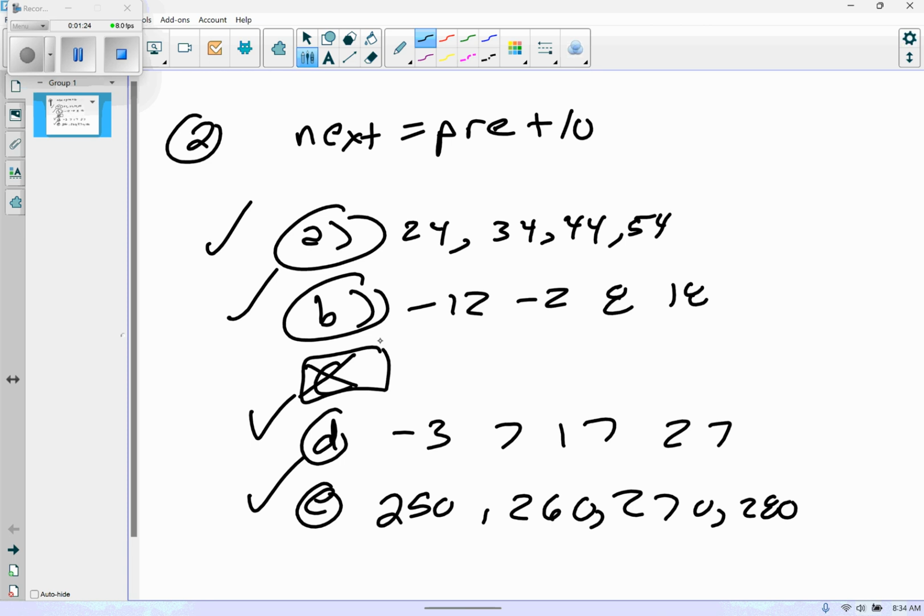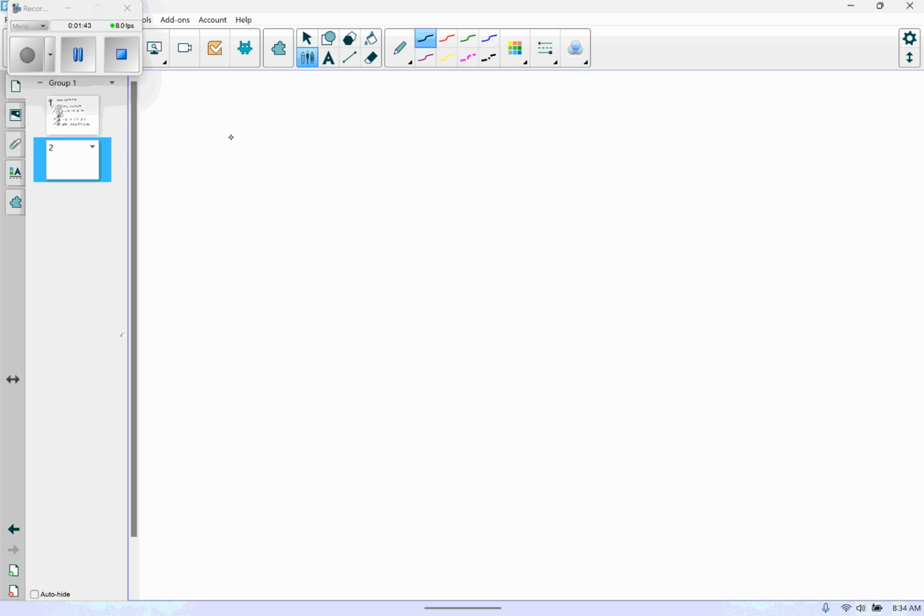Okay, let's see. For the problem at the bottom, it says the way we notate previous sequences is words: next equals previous plus 10, given the first term is 12. How can we write that as recursive in math symbols? Okay, so remember the recursive is basically given to you.